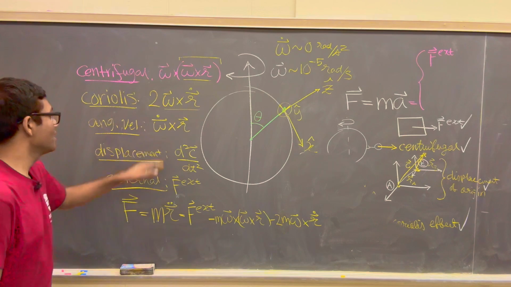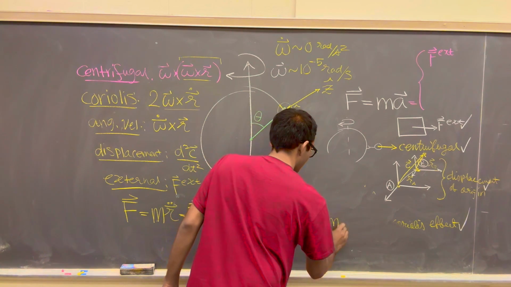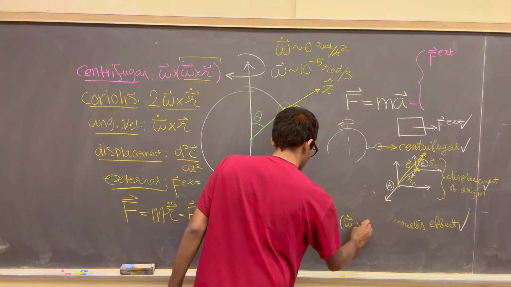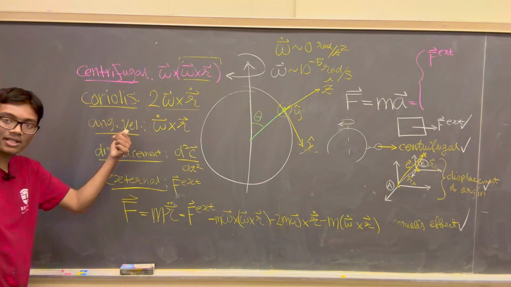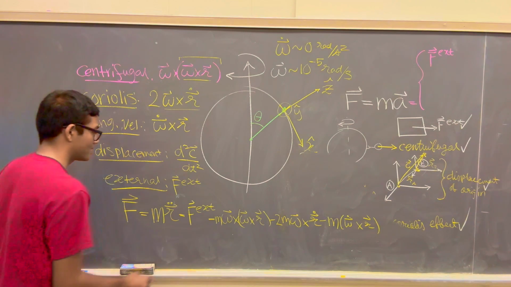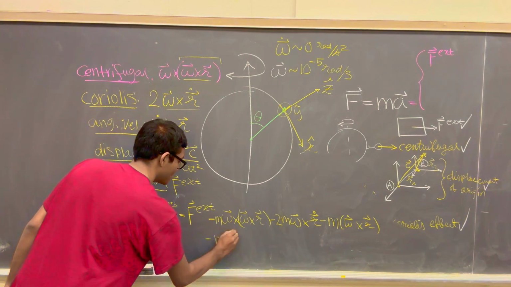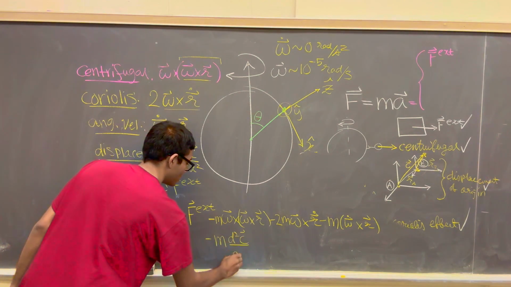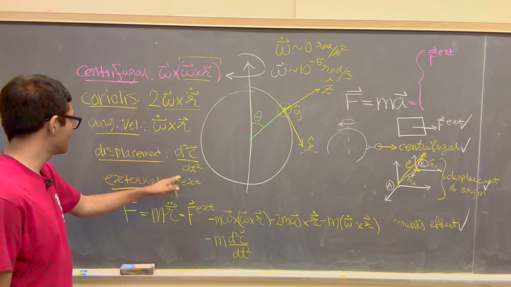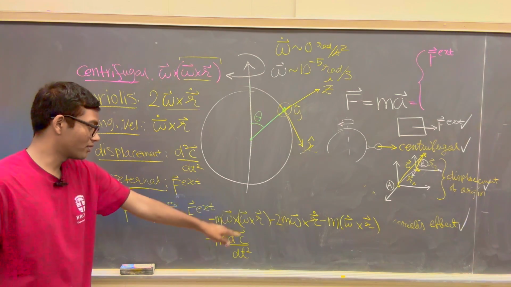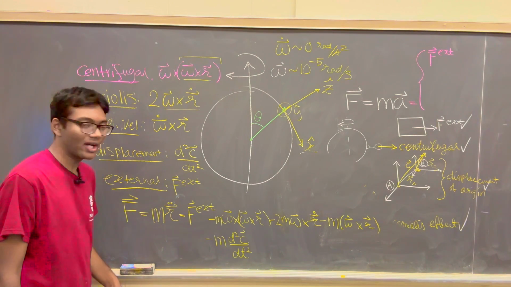And then we've got minus m omega dot cross r. That is our change in angular velocity term. Our displacement term now kicks in as m d squared c dt squared. And finally, our external force. Okay, that is all 5 of our terms.